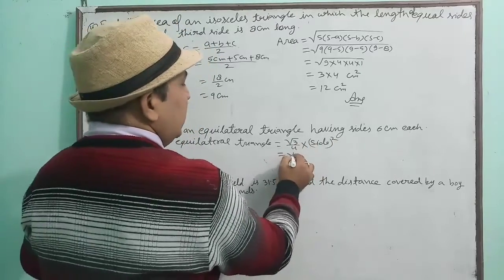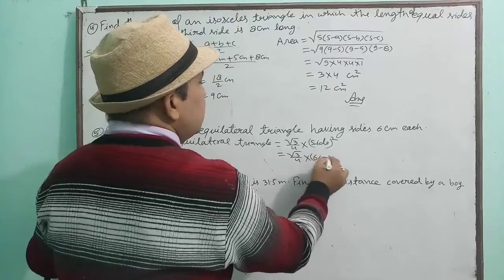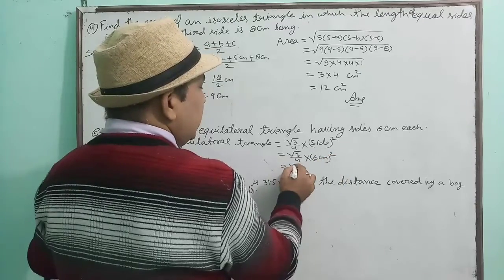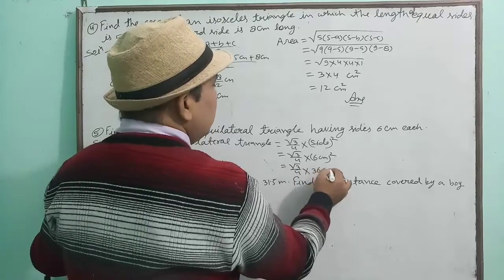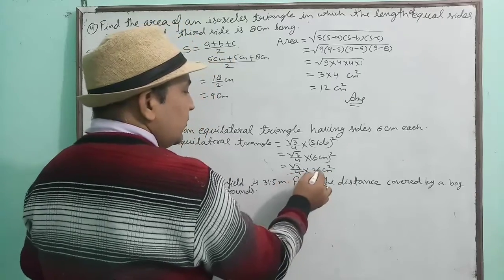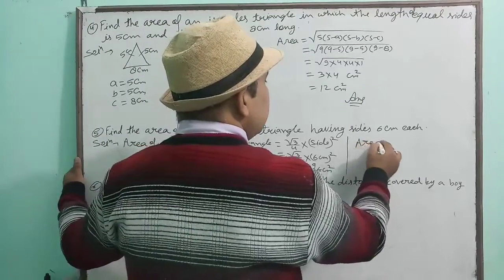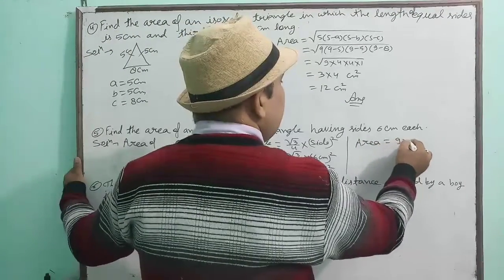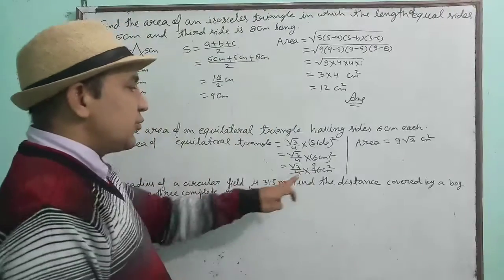This is the formula. So root 3 by 4 into 6 centimeter square. That means root 3 by 4 into 36. 4 will divide 36 by 9 times. That means area of equilateral triangle is 9 into root 3 centimeter square.